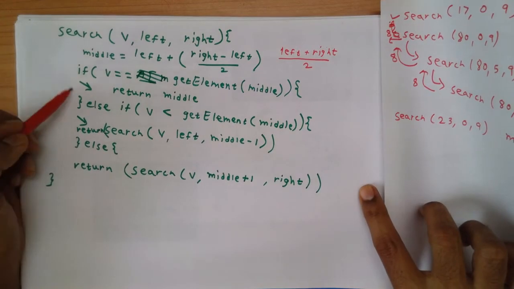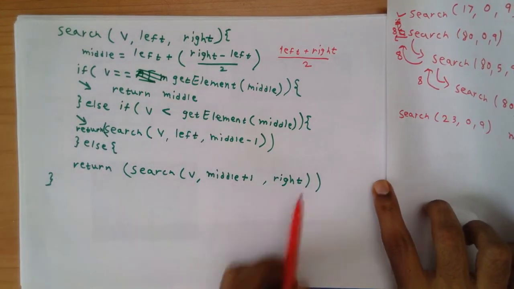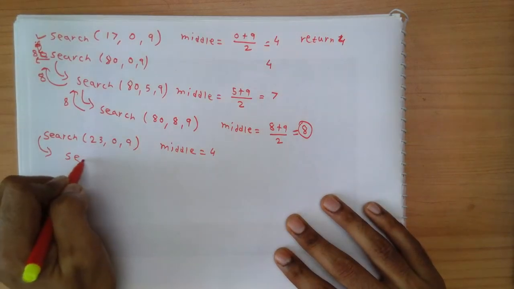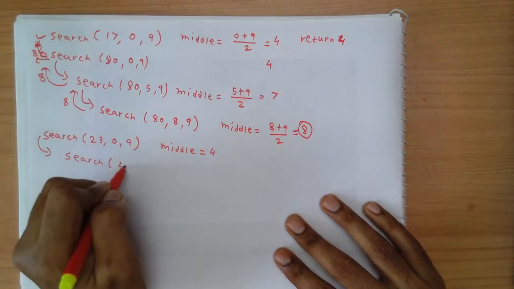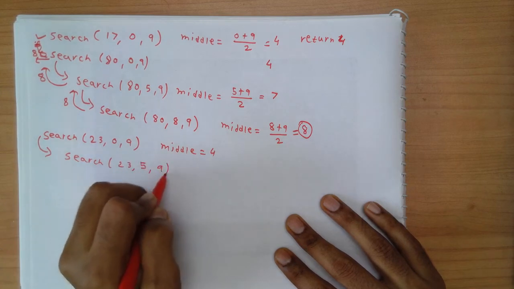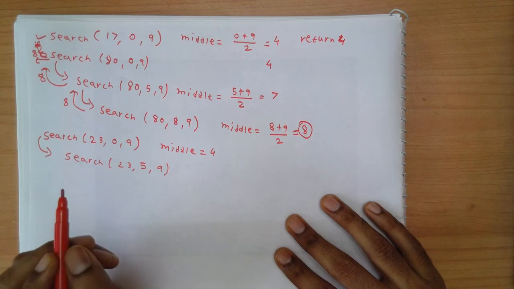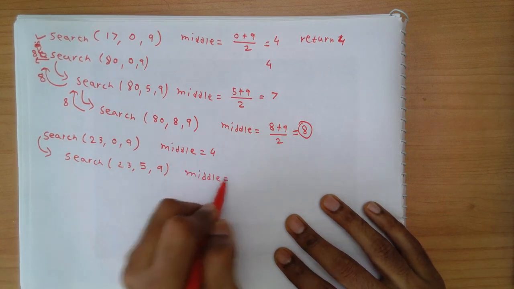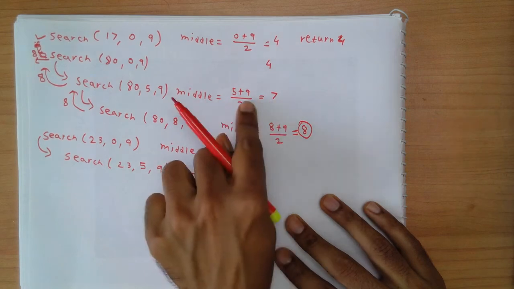So out of these 3 cases, I'm going to pick up this case. So I'm going to search 23 from 5 to 9, which will again give me a middle of 7. It is the same as the previous case, right?